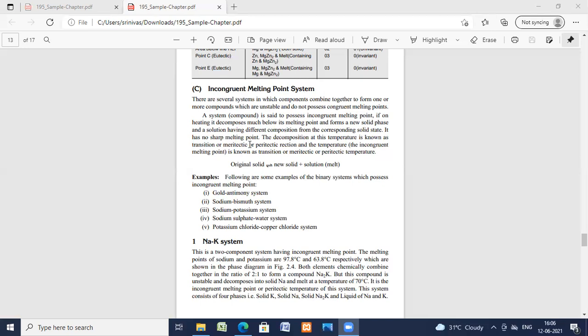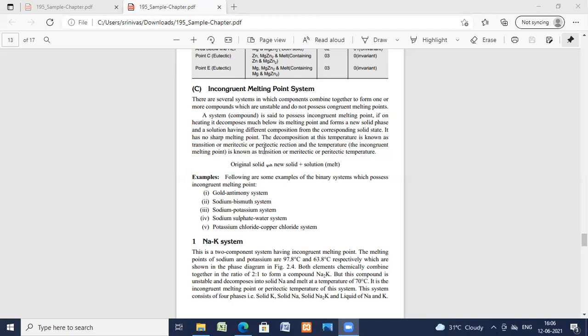Now, the solid liquid equilibria we'll see. Solid liquid equilibria are divided into different types depending on the miscibility of the two compounds in the molten state. The two components are completely miscible is one type of equilibrium. The two components are partially miscible is the second solid liquid equilibrium.